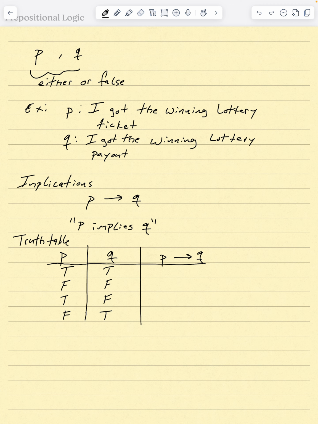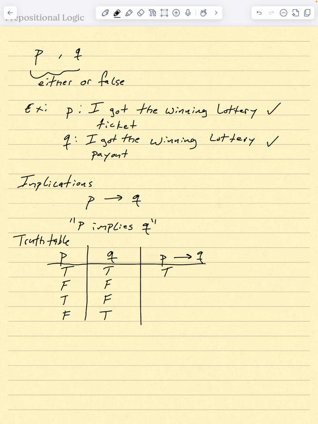So, for example, if P is true and Q is true, meaning you got the winning lottery ticket and you were given the payout, do you feel cheated? No. I mean, that's exactly what you expect, right? So that's true.